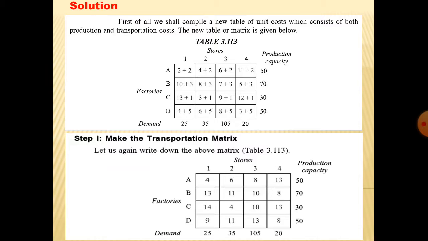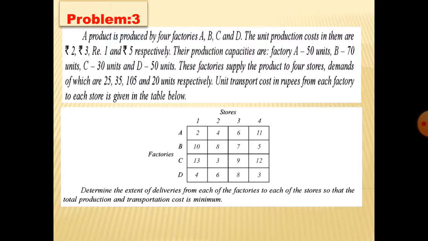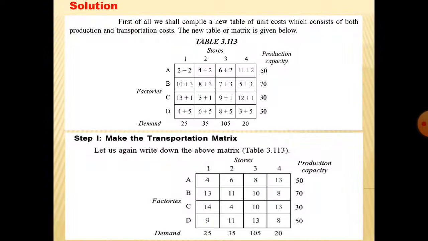We have to enter them in the matrix. First for A, the production cost 2 is given, so you have to add 2 to all the entries in A. For factory B, you add 3, the value given in the problem.